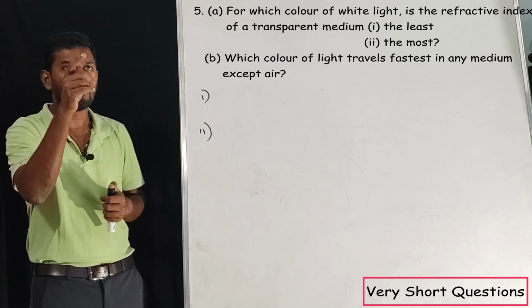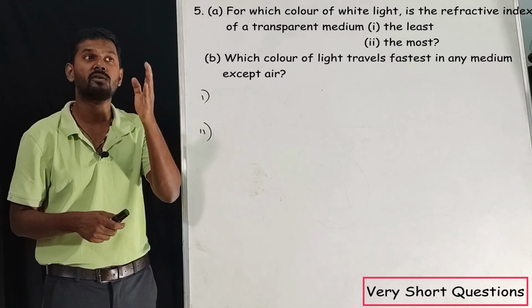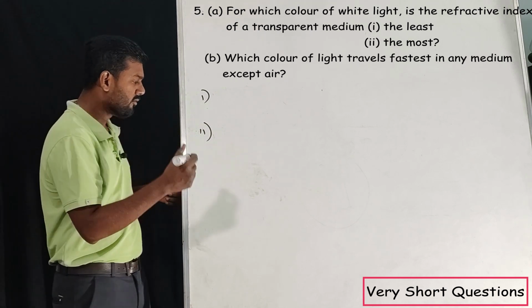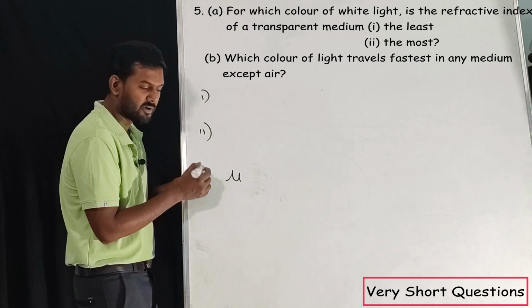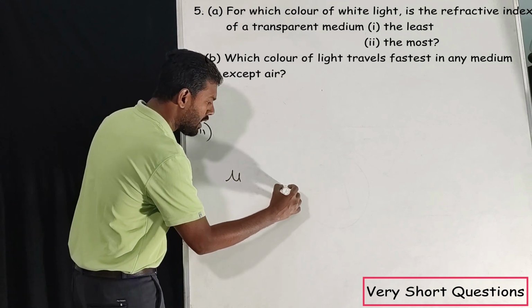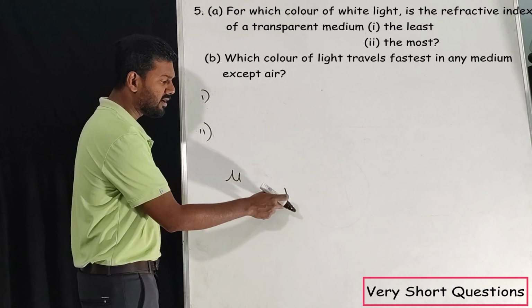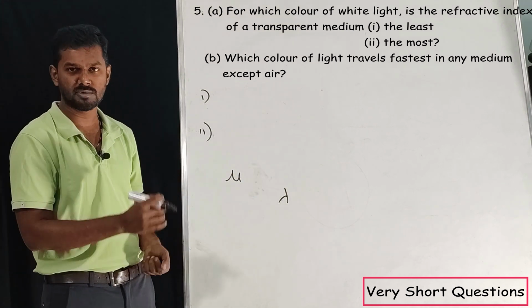Now they are asking for which color of light the refractive index is least. To answer this question we need to know how refractive index, this is the symbol of refractive index, and this is wavelength, are related. If you know the relation between these two, then we can answer this.